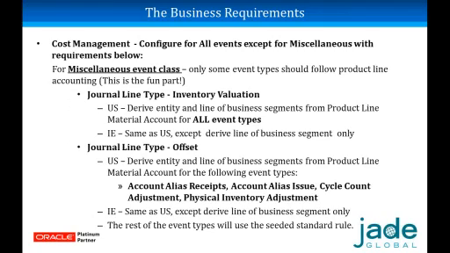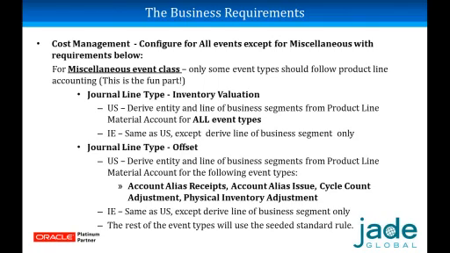For the miscellaneous event class, the journal line type inventory valuation and journal line type offset have a specific accounting derivation rule. For the journal line type inventory valuation for US, derive entity and line of business segments from product line account, product line accounting, or product line material account for all event types.